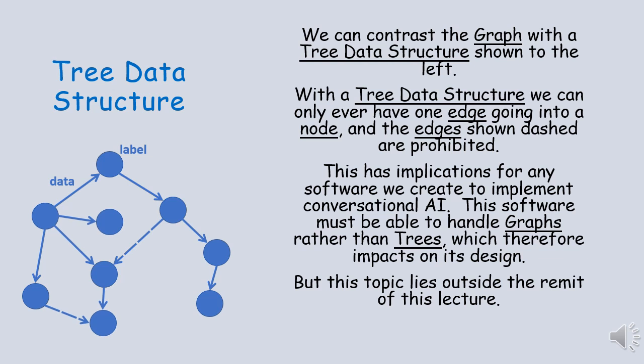This in turn has implications for any software we create to implement conversational AI. This software must be able to handle graphs rather than trees, which therefore impacts on its design. But this topic really lies outside the remit of this particular lecture.